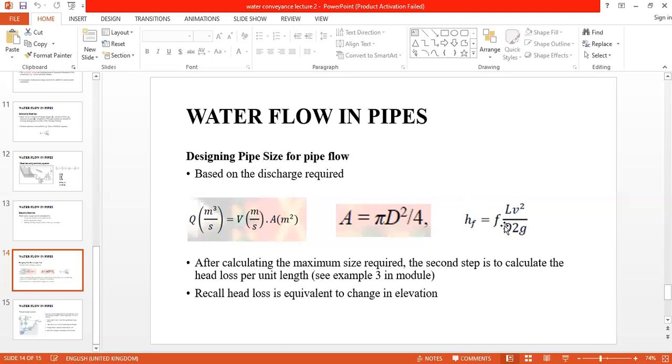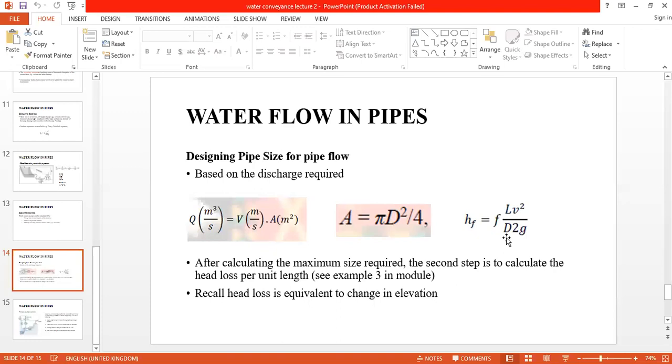So when you do that, it means that now you're able to come up with a correct size of your pipe, the correct diameter of your pipe, and now you can recommend to say, okay, for this farm, for us to move water from a location which is, for example, 100 meters, we need a diameter that is at least this size for us to be able to deliver water to this farm at such a rate.